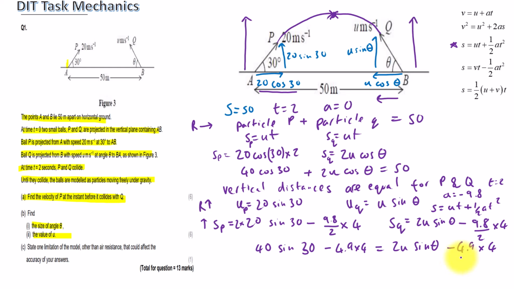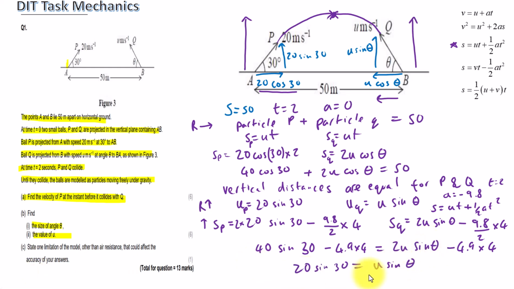Now if we rearrange, we add this over, that cancels out and we can divide both sides by 2. We are actually going to get 20 sine 30 equals u sine theta with some rearranging. Hopefully you can see that.